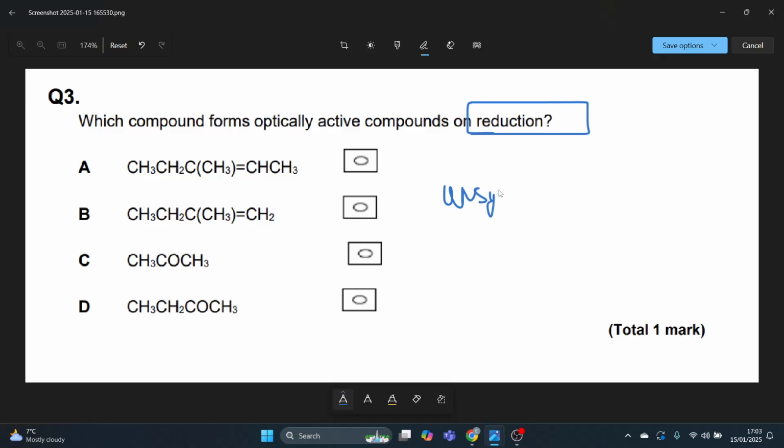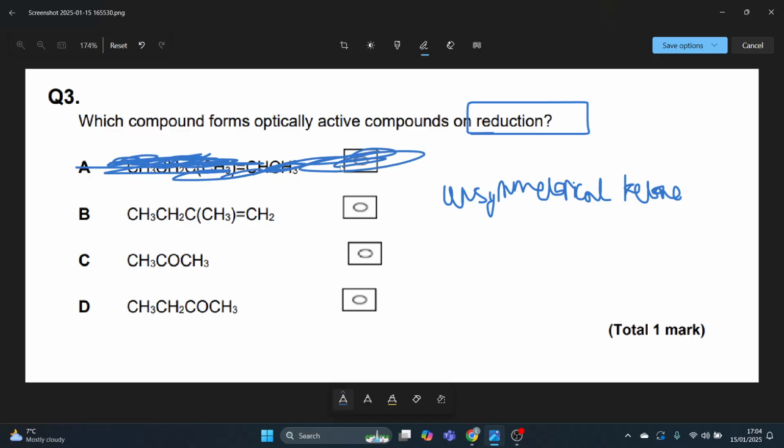Unsymmetrical ketone. And A and B are not even ketones, they're just alkenes.